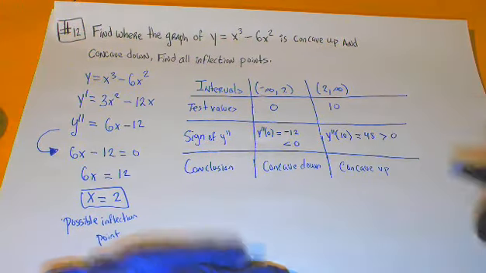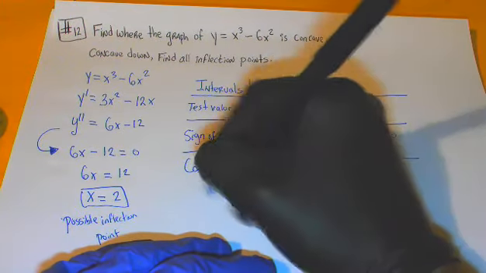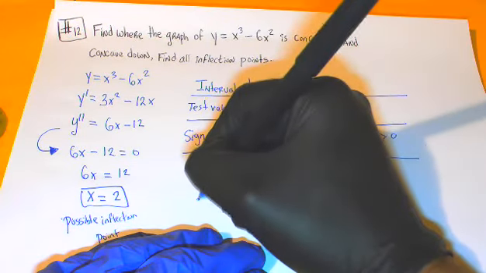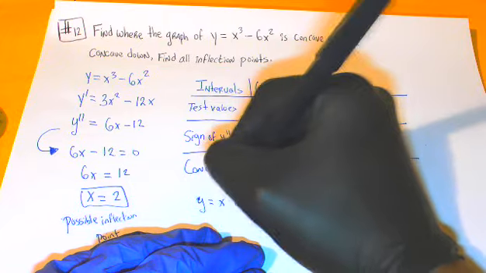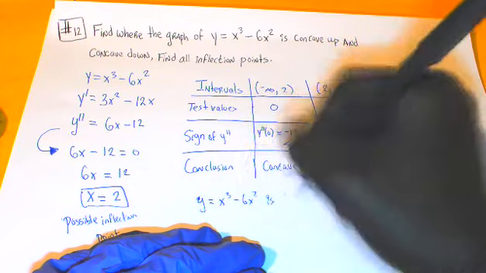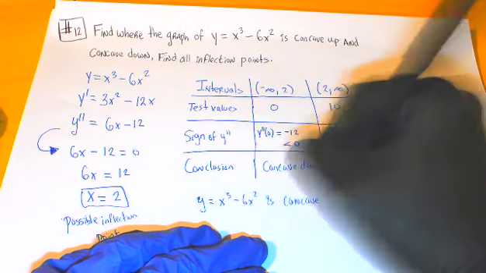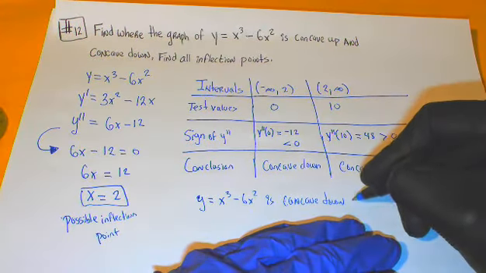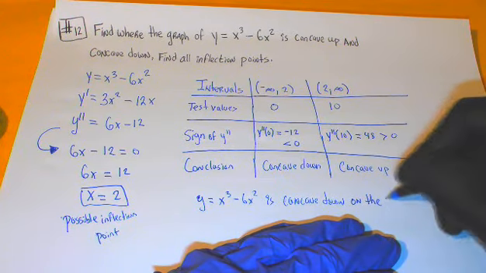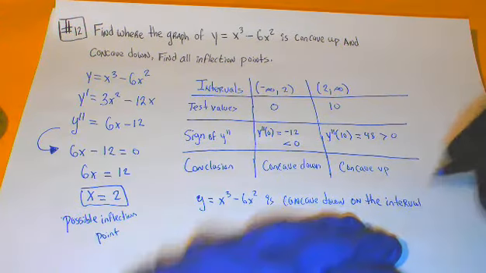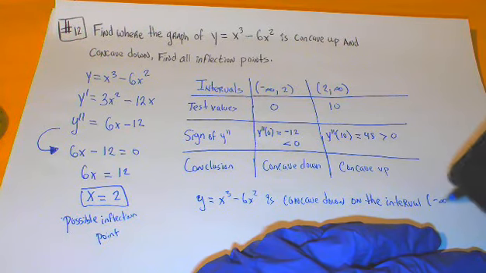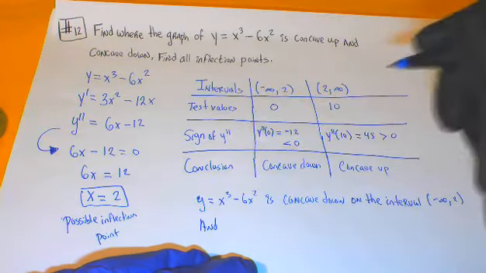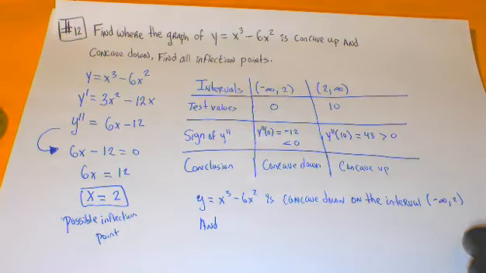So what we have is the following: our equation y equals x cubed minus 6x squared is concave down on the interval negative infinity to 2, and from 2 to infinity it is concave up.